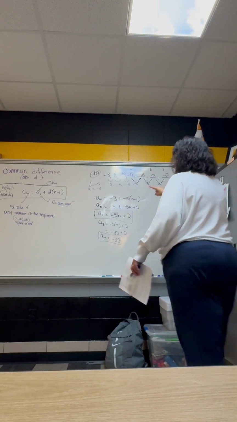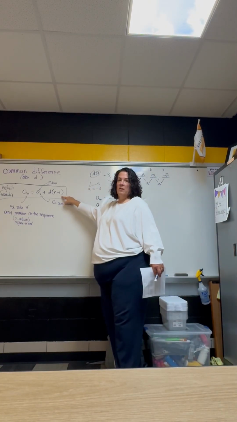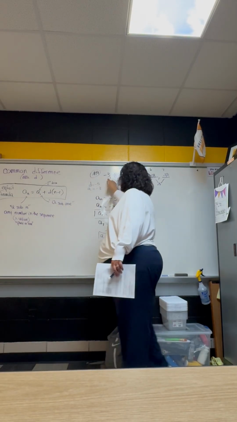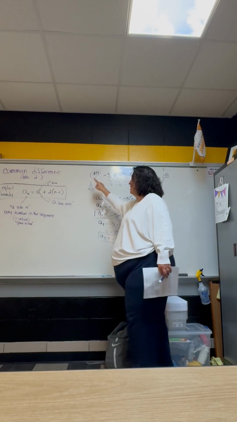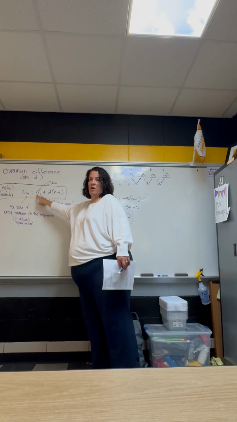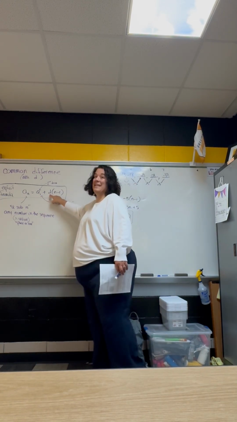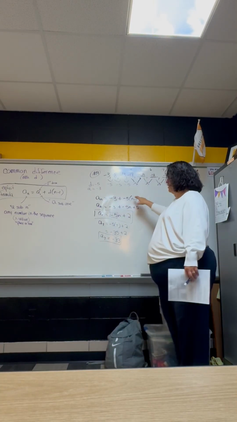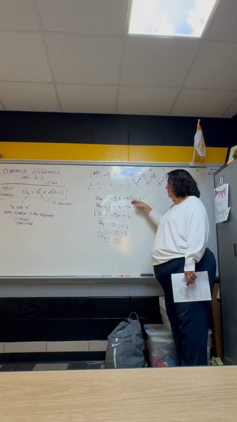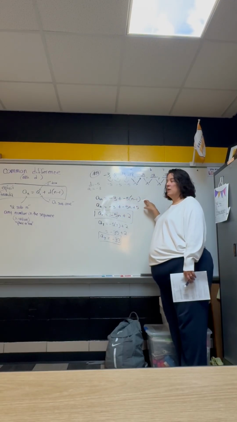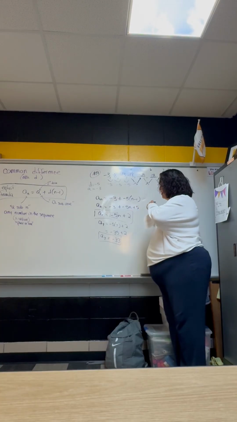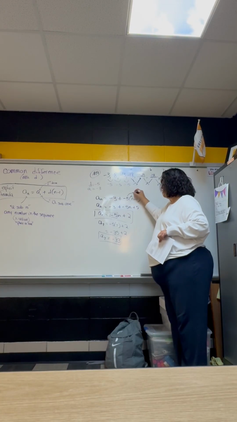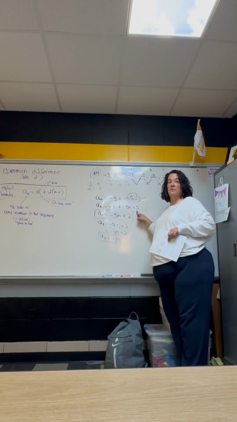Oh, we took the explicit formula. You just trusted me where it came from. And we filled in our first term, so we replaced a sub 1 with our first term of the sequence. We replaced the d with our common difference of -5. And that's where we got this part right here: a sub n equals -3 plus -5 times n minus 1. I mathed it. I distributed this -5 here. -5 times n gives me -5n. -5 times -1 gives me a +5.